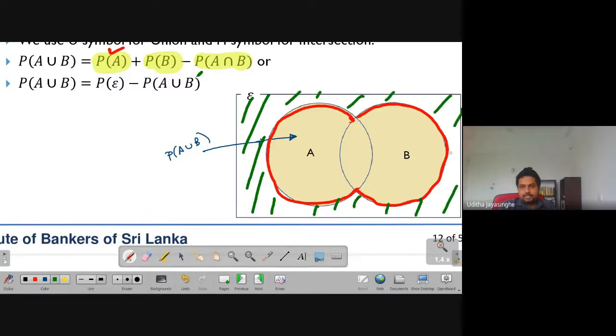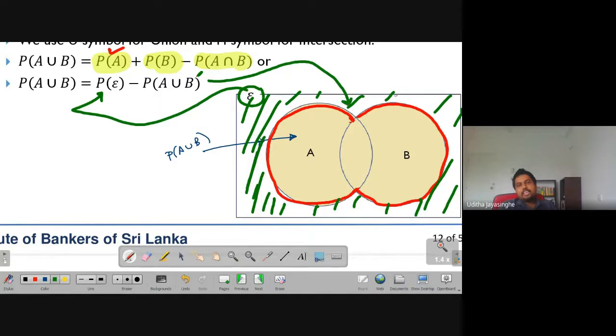This is another way of explaining the A union B. This is the P epsilon, and this is P A. What is the area that I highlighted already? This is the P of A union B's complement. Be careful, this dash is after the bracket. Don't be misjudged by it, sorry.